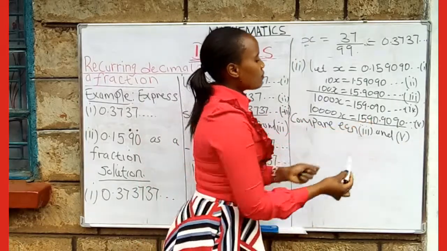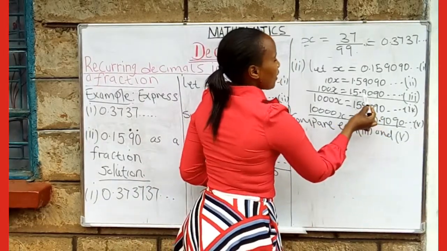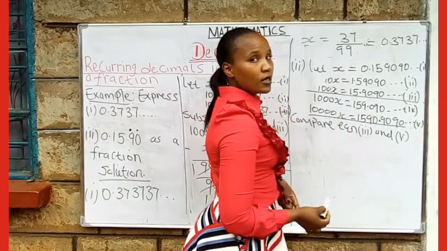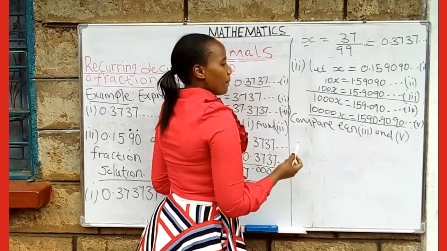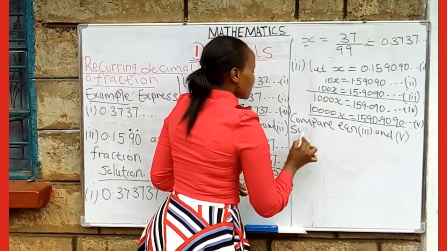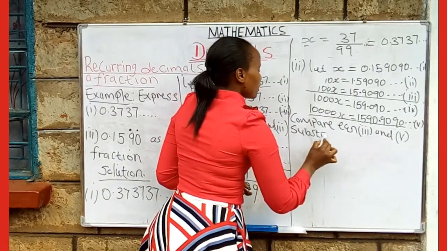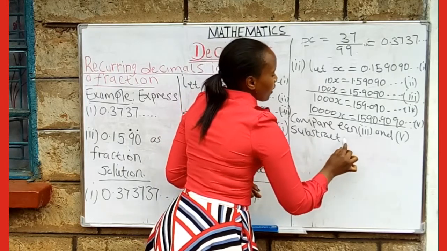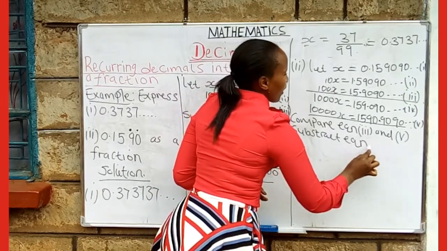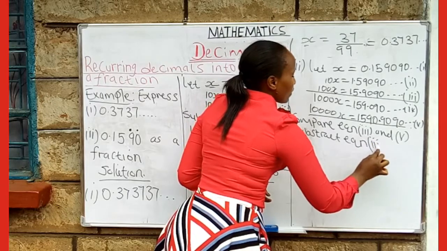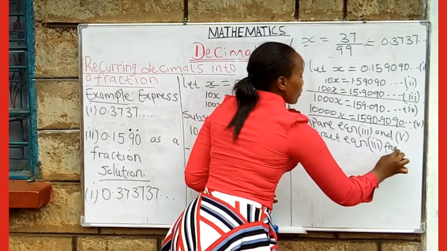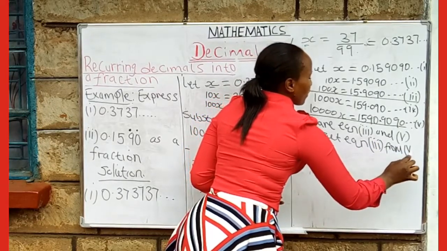So after the decimal point, these two equations are the same. So we subtract equation 3 from equation 5.